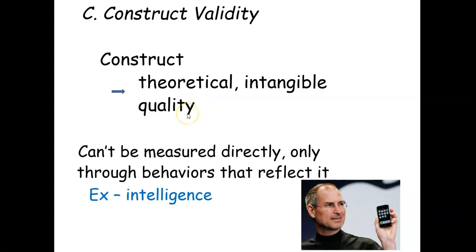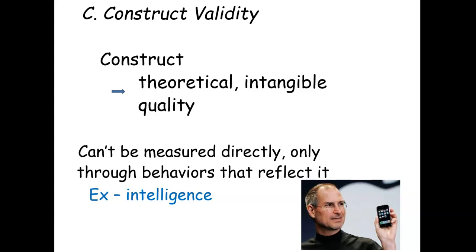For example, things that reflect intelligence would be problem solving, vocabulary grasp, memory. Those would be behaviors that we can measure. Another example of a construct might be leadership ability. We can't see leadership ability, but we can measure things that reflect it, like respect from employees or assertiveness.